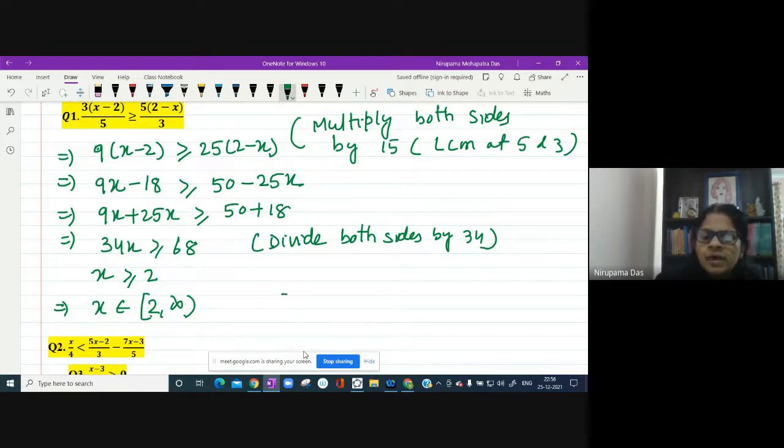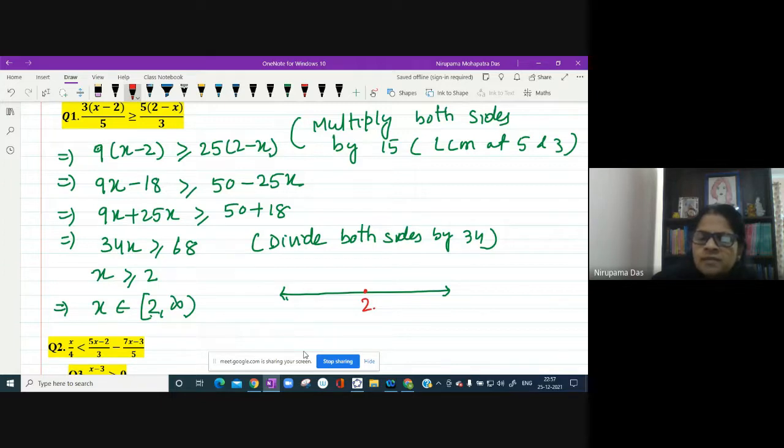Now represent this on the number line. Whenever you have to represent this on the number line, draw the number line. Then we want 2 to infinity, so mark 2. You don't have to write 0, 1, 2, 3, it is understood. You are in class 11th, right?